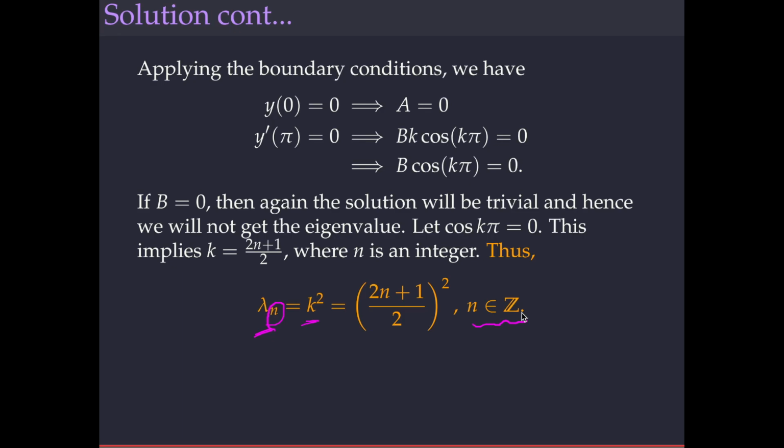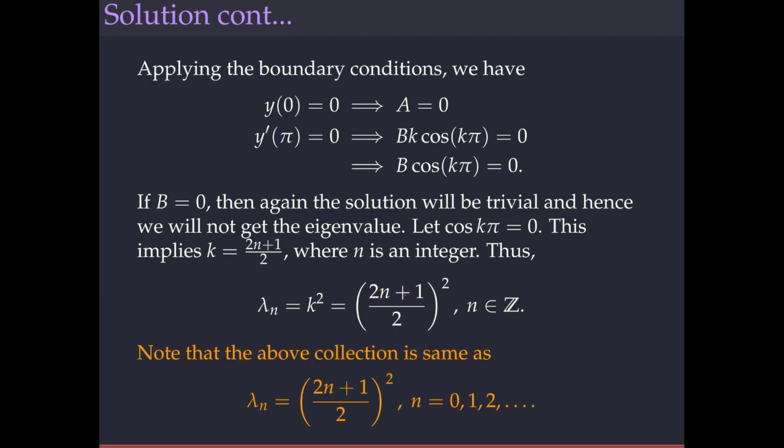But note that if I start from n equals 0, 1, 2 and so on, these lambda n are the same. So the above collection is the same as starting from 0, 1 to infinity. For example, if I take n equals minus 1, the value is (minus 2 plus 1) by 2 square, which is (minus 1 by 2) square, which equals (1 by 2) square.